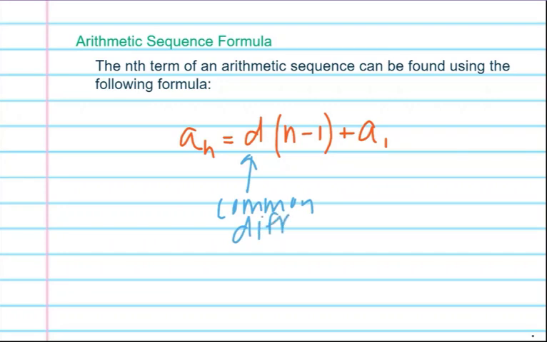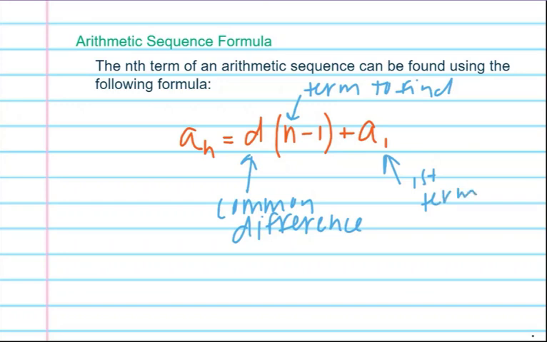It's whatever you are adding or subtracting to get term to term. n is going to be the term you want to find. So if I want to find the 19th term, my n would be 19. And then a1 is the first term in your sequence. So whatever that first term is, that's a1.